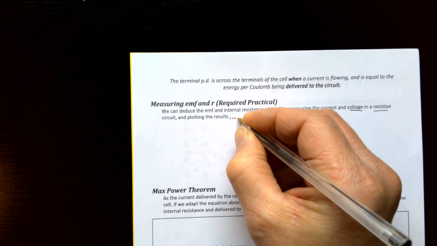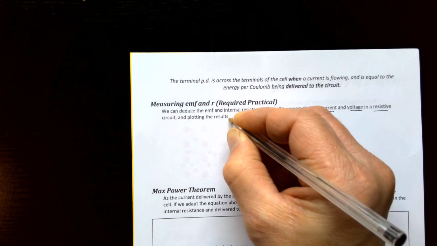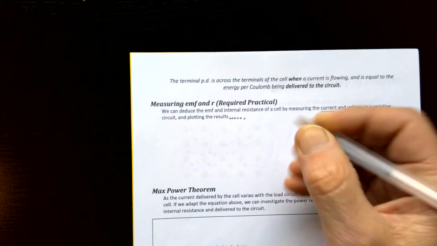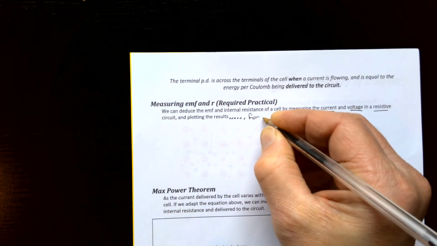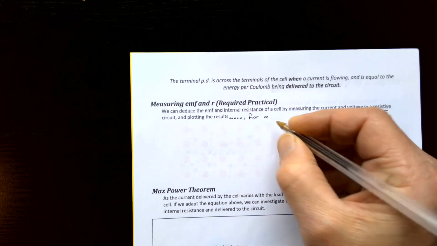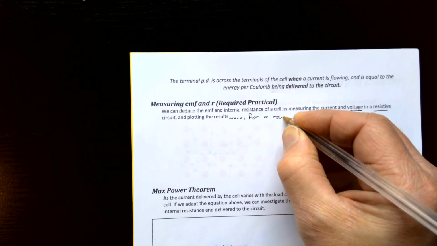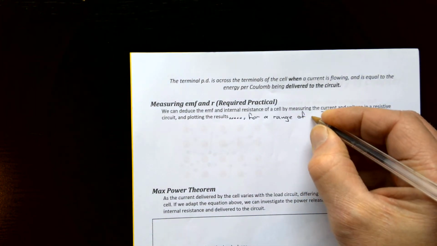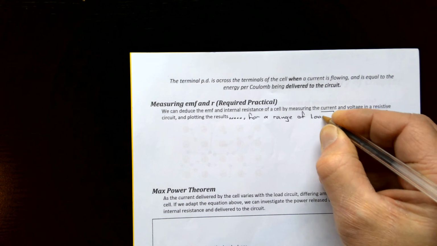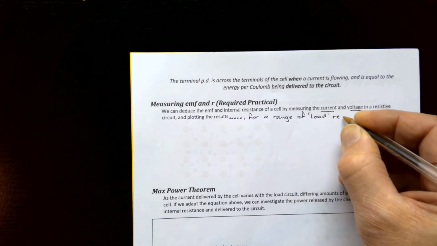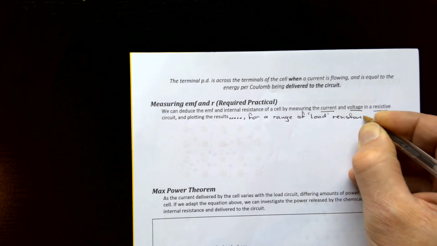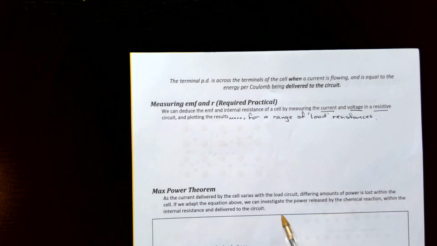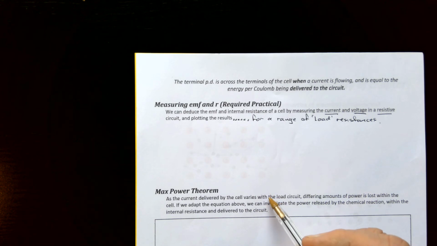So crucially, like with all questions about planning practicals, go for a range, ideally a wide range, but a range of, and I'm going to call it load resistances, okay, i.e. circuit resistances.